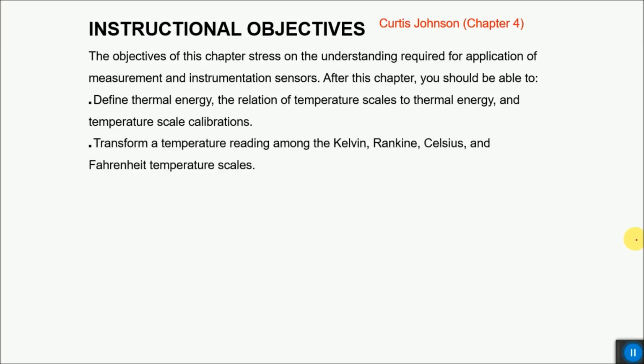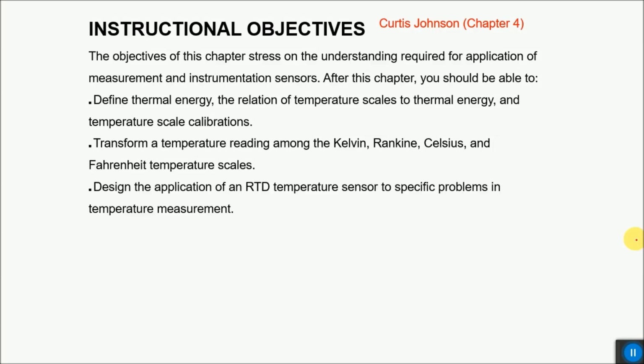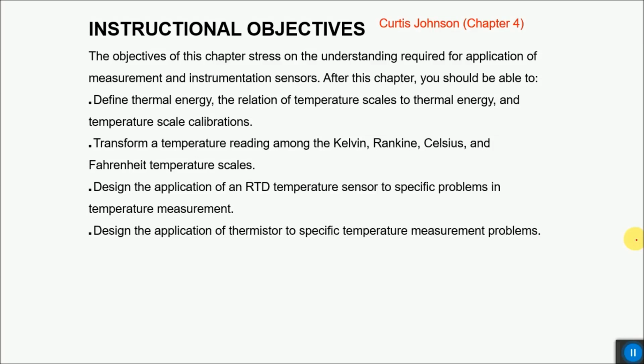The instructional objectives of this chapter stress the understanding required for application of measurement and instrumentation sensors. After this chapter, you should be able to define thermal energy, the relation of temperature scales to thermal energy and temperature scale calibrations, and transform a temperature reading among Kelvin, Rankine, Celsius, and Fahrenheit temperature scales.